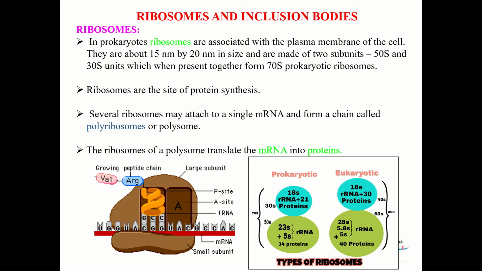Now let us see the difference between prokaryotic and eukaryotic ribosomes. Ribosomes are present in both. The prokaryotic ribosome is a 70S ribosome with a 30S small subunit and a 50S large subunit, whereas the eukaryotic ribosome is an 80S ribosome, with a 40S small subunit and a 60S large subunit.